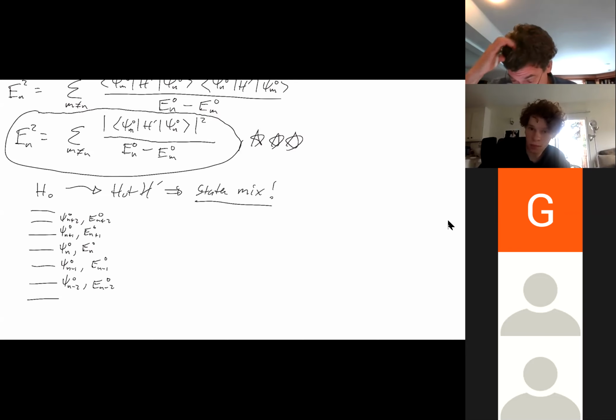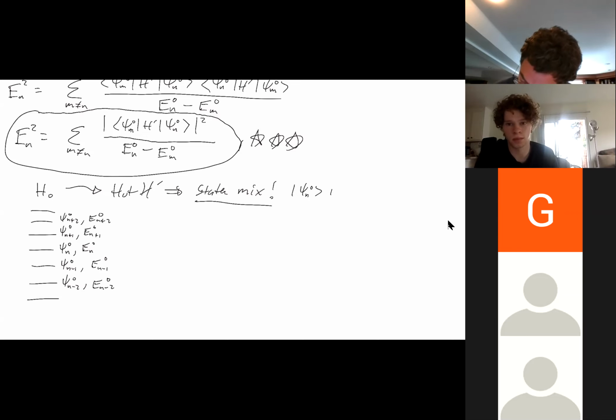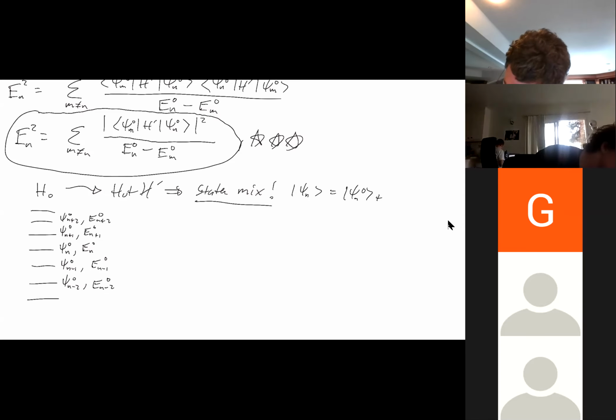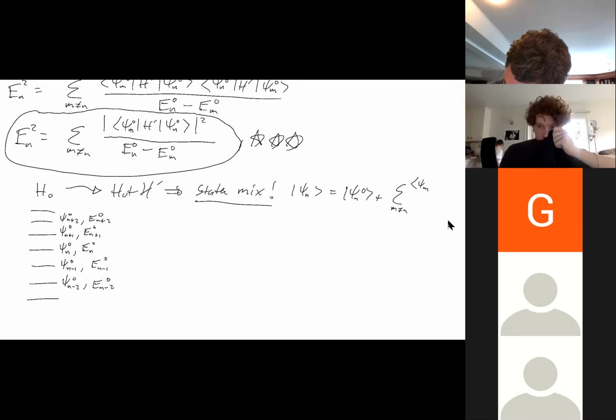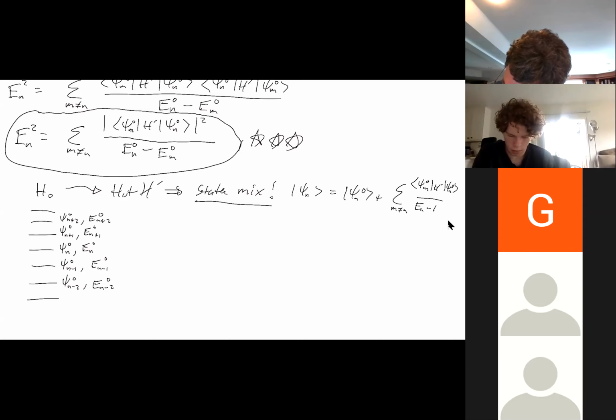Remember, ψ_n is now equal to ψ_n^0 plus ψ_n^1, which is this formula, the sum over m not equal to n of ⟨ψ_m^0|H'|ψ_n^0⟩ over (E_n^0 minus E_m^0) times ψ_m^0.